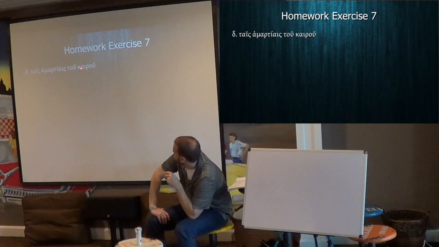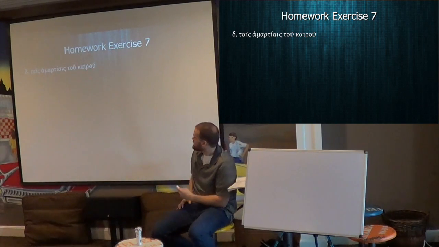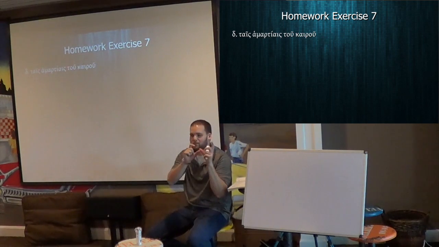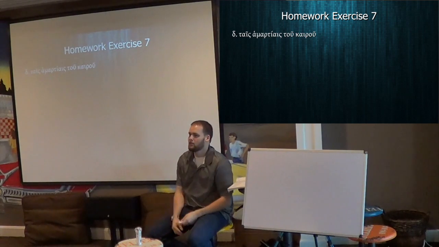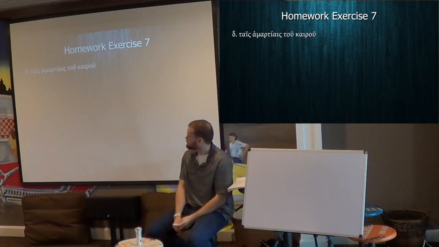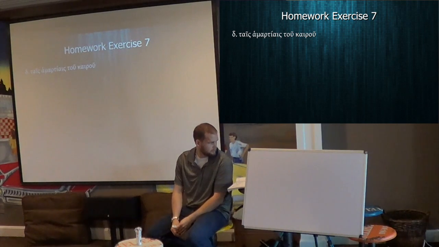To Kairu. To Kairu, yeah. Tais hamartiais to Kairu. All right. Again, you got article, noun. So your articles will clue you into what's going on. Parse your articles for me. So, tais, that would be dative.